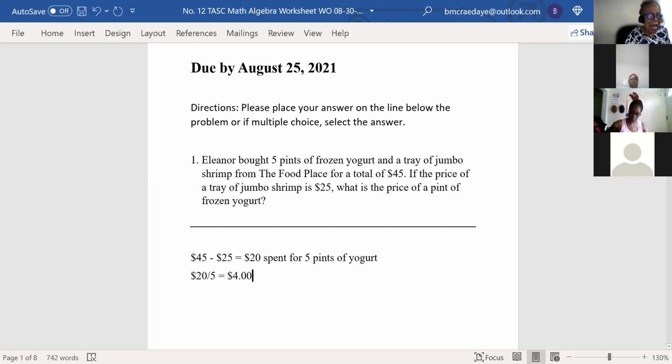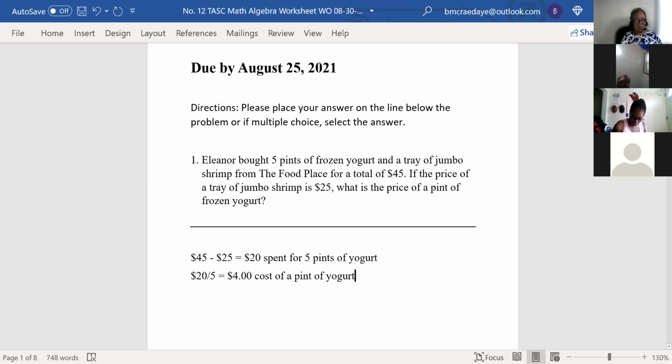The $4 represents the cost of a pint of frozen yogurt. Okay. Any questions, Michelle? Do you understand how that was solved?